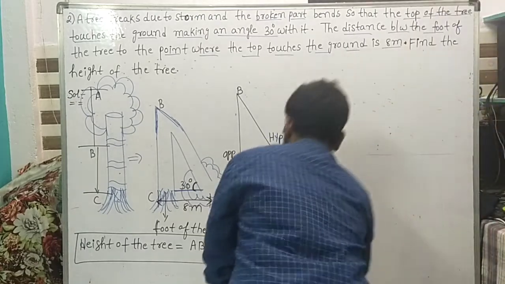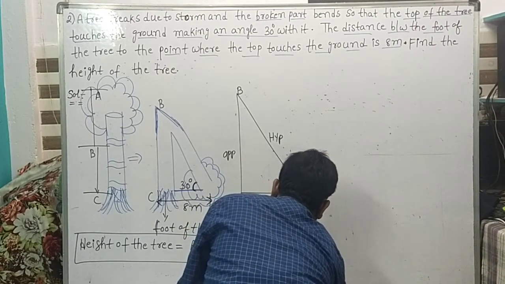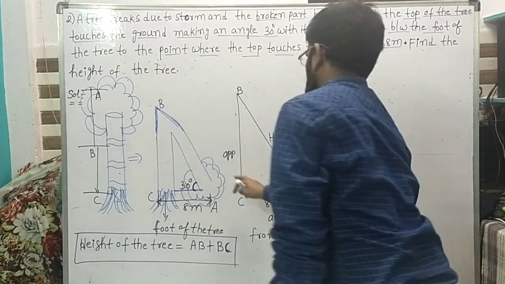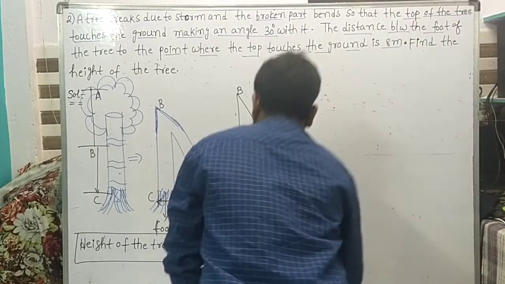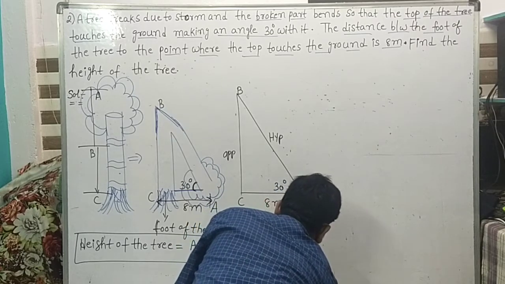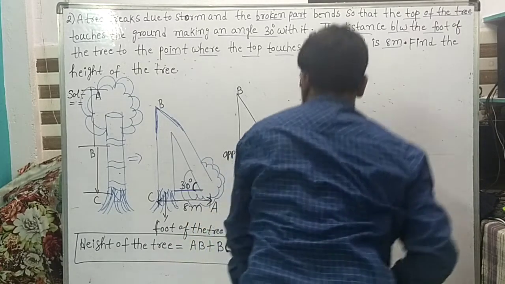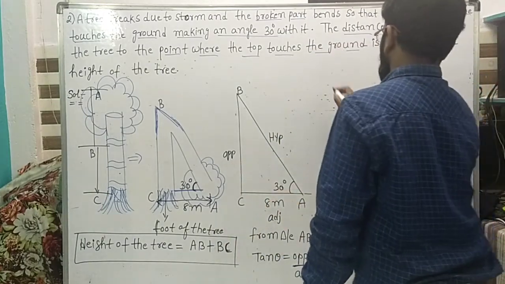So from triangle ABC, opposite and adjacent come in which one? Tan theta. Tan theta equals opposite by adjacent. We know the adjacent value, we need to find the opposite value.